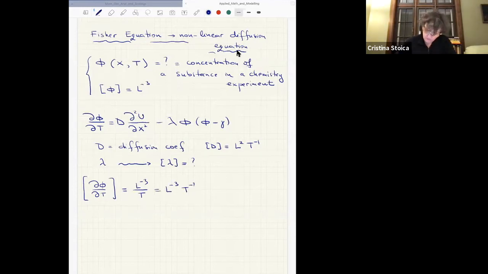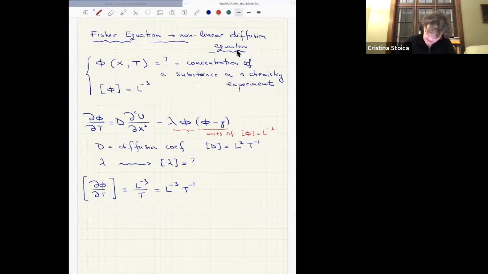And this has to coincide with the units of this term, multiplied by the units of this bracket, which are the units of phi, which are L to the minus 3.